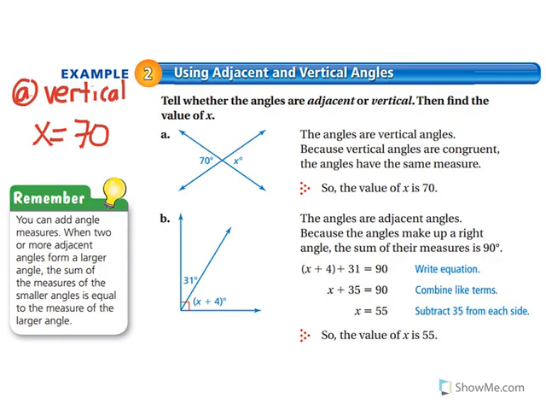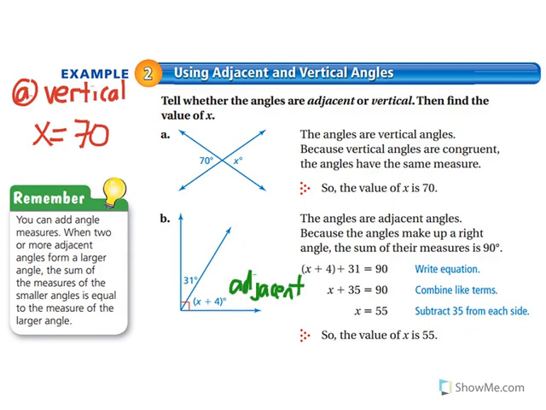They share a common side, therefore these must be adjacent. And we have to be a little creative with this. We want to find what x is, and we know that these are adjacent. And we know that they are both two angles that when added together, they equal the bigger angle.